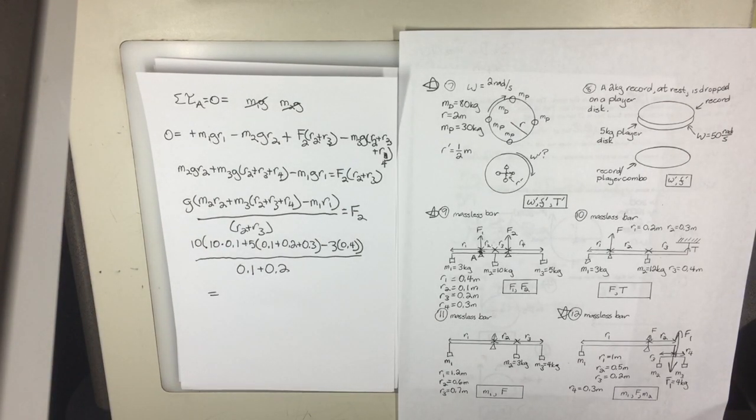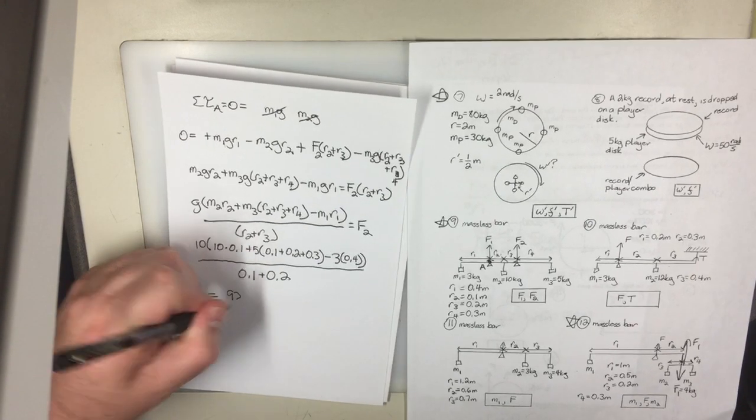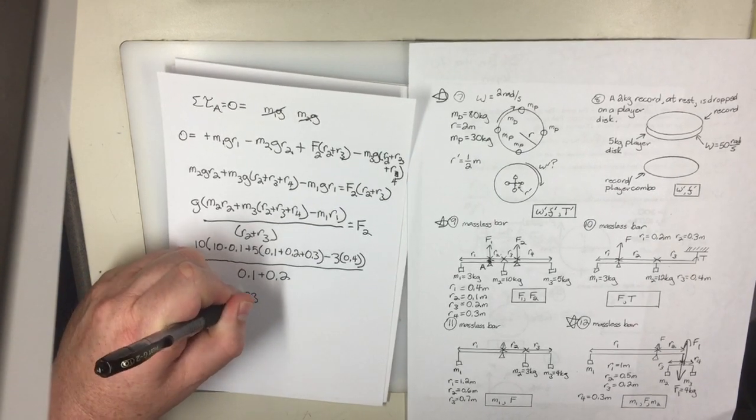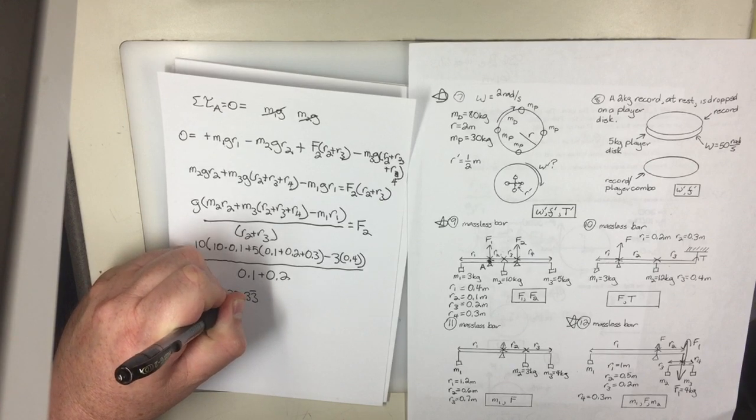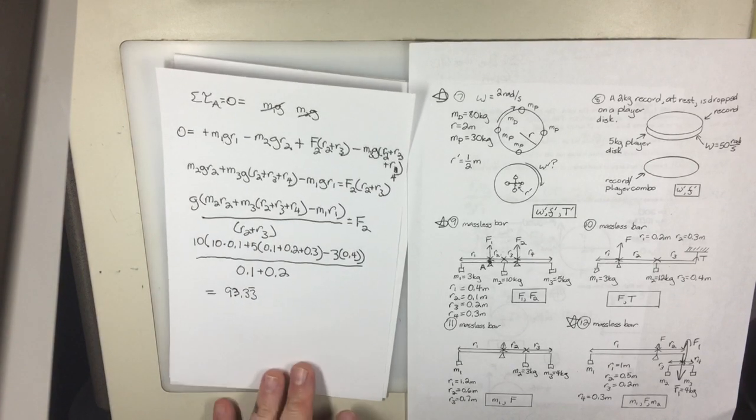That gives us 93.33 repeating. And that's F2.